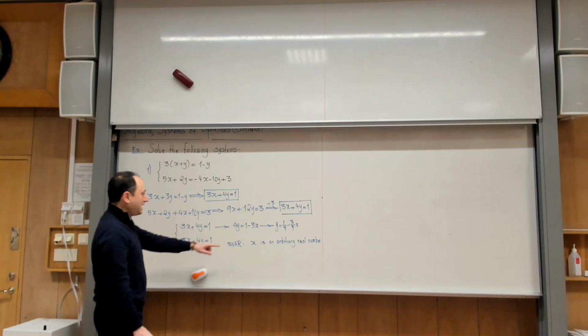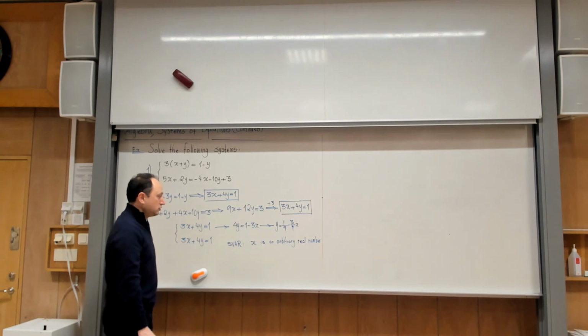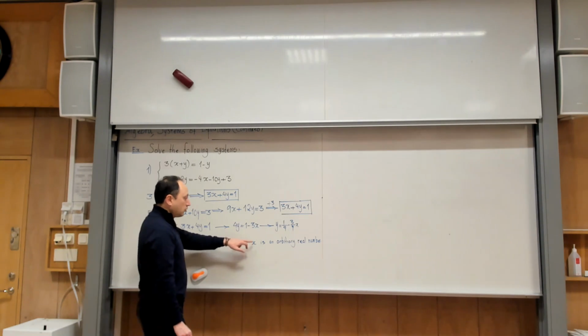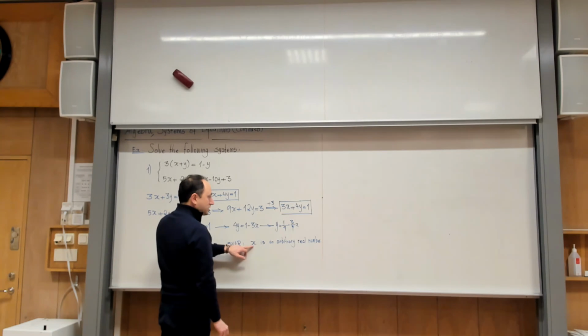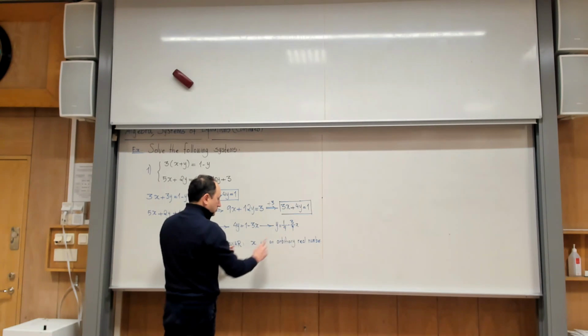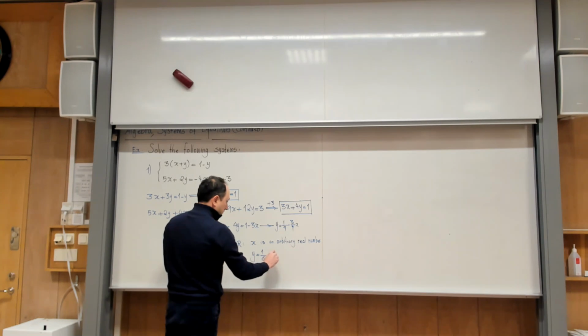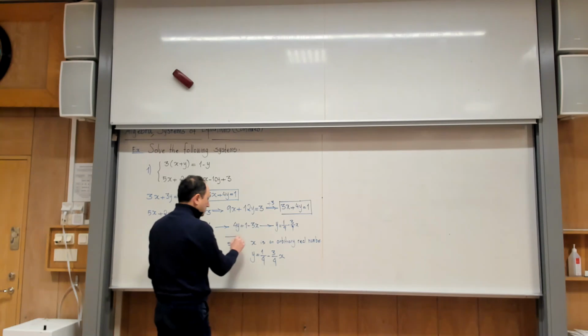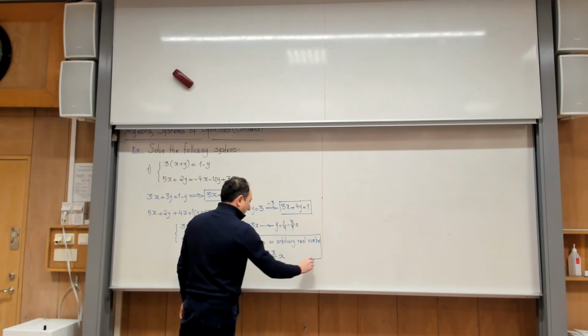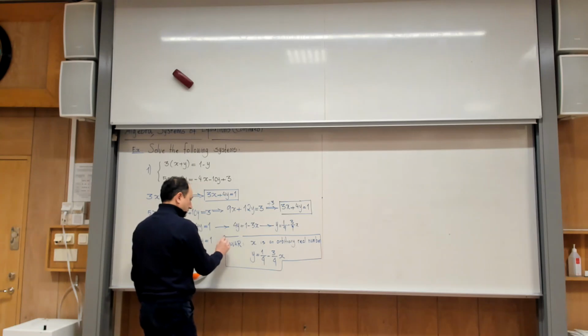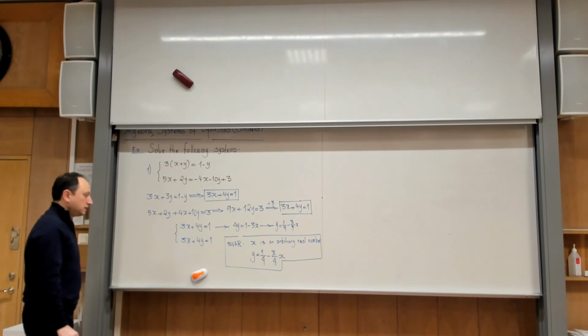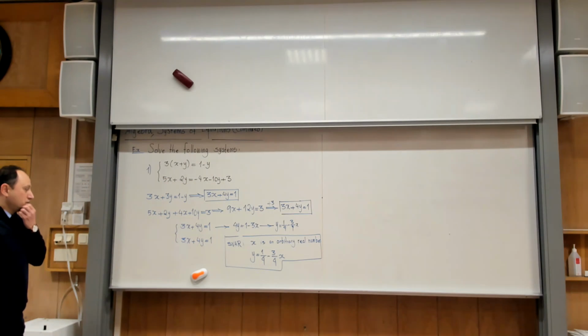So it means that x can be any number that you like, but whatever you choose for x, y should follow this rule. This is what I expect you to write as the answer. X is an arbitrary real number, but y should follow that x.